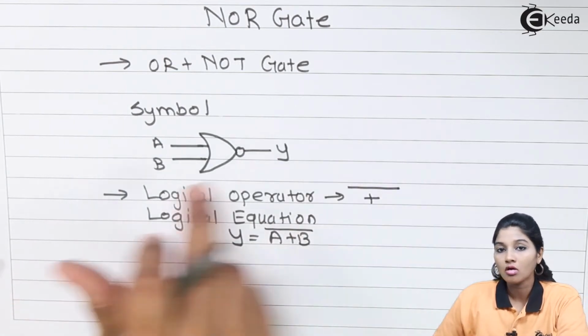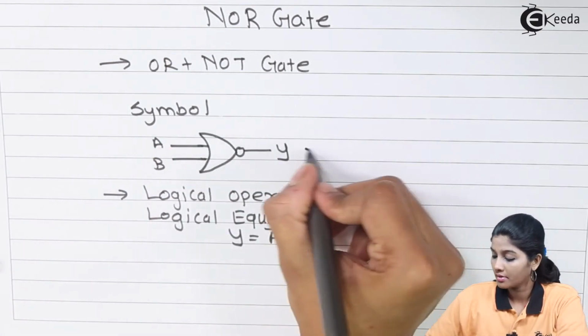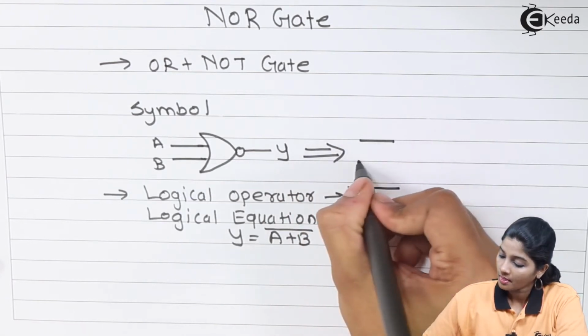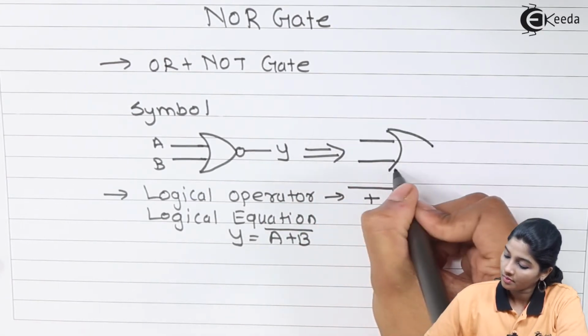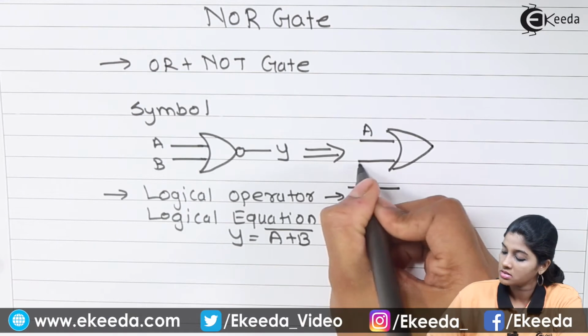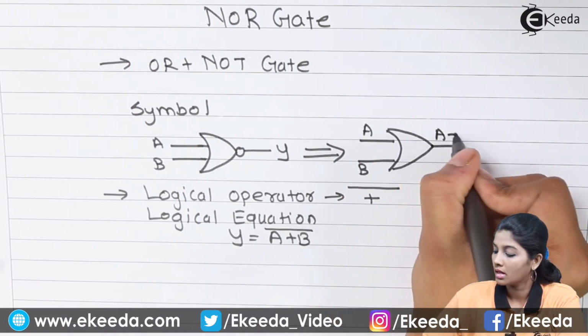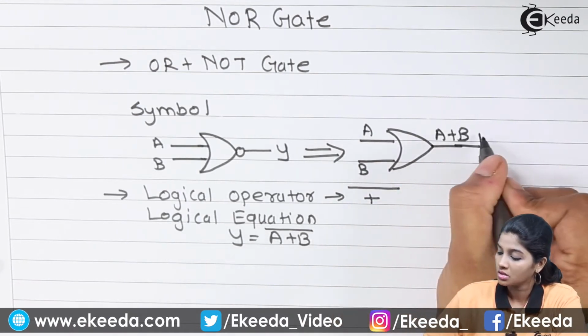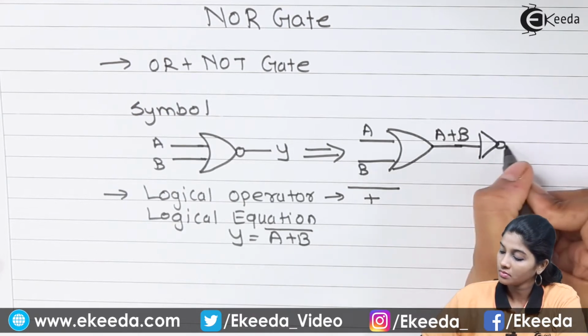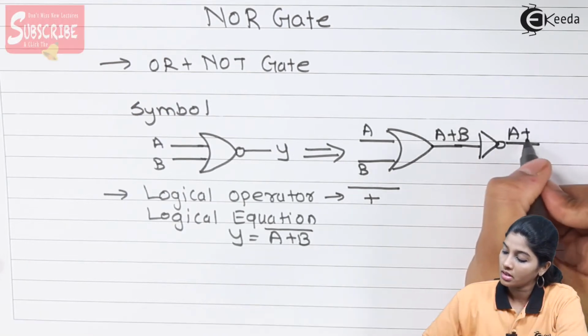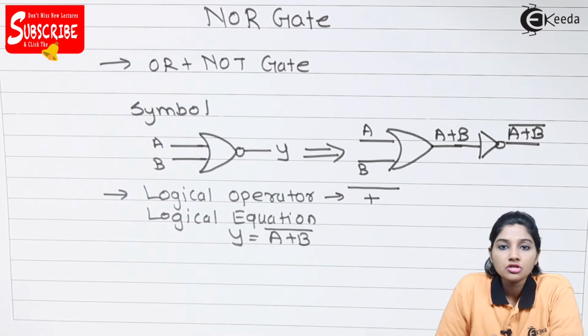So we can say the logical symbol is nothing but two signals A and B. The output is A plus B, which is given to NOT gate. So we will get (A plus B) bar, which is the equation of NOR gate.